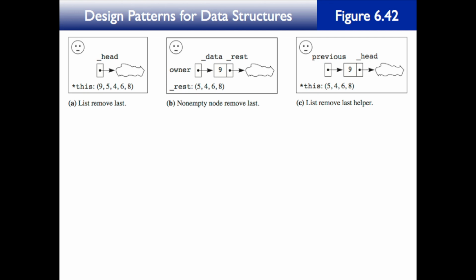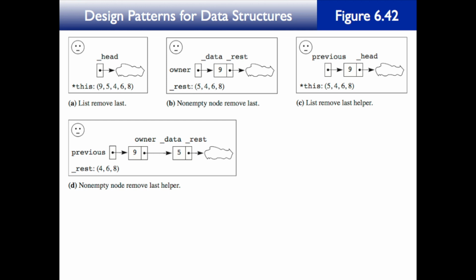Now then, what does the list version do? The list version calls the node version. So part D of the figure is the environment for the non-empty node remove last helper. And now we see why we give the names of the parameters previous and owner, because in this environment we are in the environment of a non-empty node.